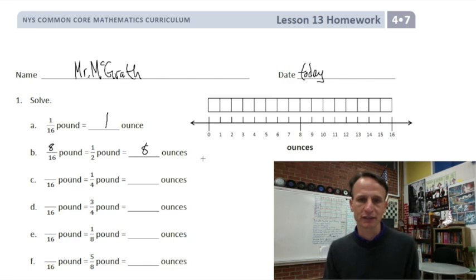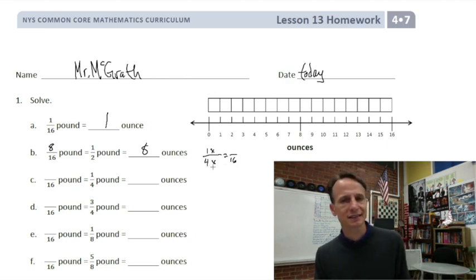All right, well, let's think about that one in terms of equivalent fractions. We have to do some work over here. Okay, so if we say, hey, we're going from fourths to 16ths. This is the same as equivalent fractions. 4 times what is 16? 4 times 4 is 16.